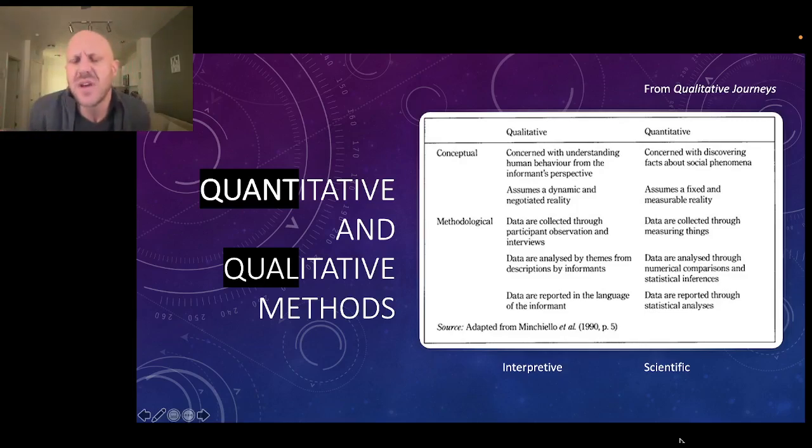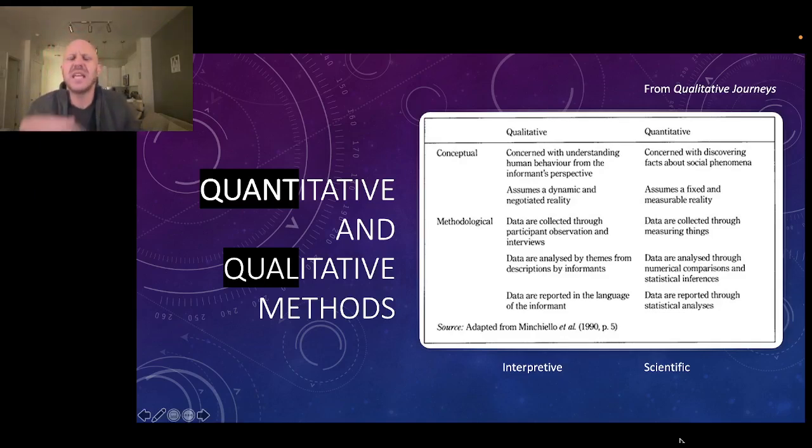So qualitative research is going to be quite different than quantitative research, which is more concerned with discovering the truth, facts about social phenomena, a fixed and measurable reality. Generally, we're trying to count the existence of something, measure it, or we're trying to demonstrate a causal relationship, cause and effect. I do this, this happens, and we're trying to assert an observable, measurable interaction.